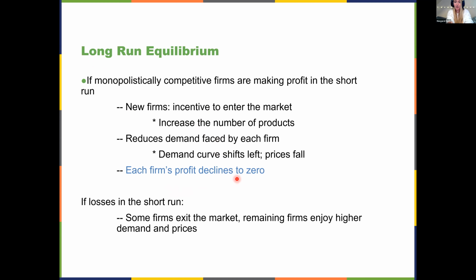And this zero economic profit in the long run looks very similar to perfect competition, which we've already talked about in class. So again, in the short run, monopolistic competition looks just like monopoly. And in the long run, monopolistic competition looks more like perfect competition. So that's why the name monopolistic competition is like a combination of both of those two market structure types. Monopoly in the short run, perfect competition in the long run.